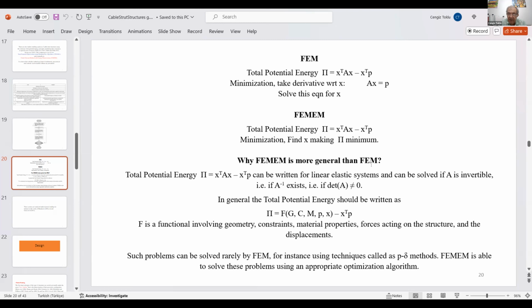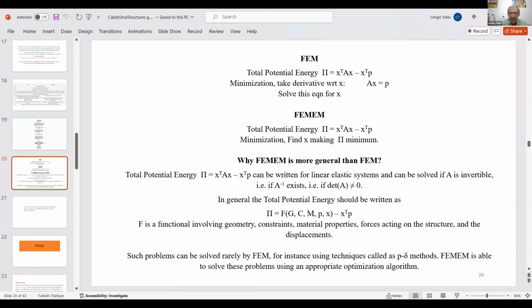There may be a matrix which is not invertible, but we can still find a solution to that problem. For example, at buckling, the determinant will be equal to 0, but there is still a solution, and we can find it by using the finite element method with energy minimization.